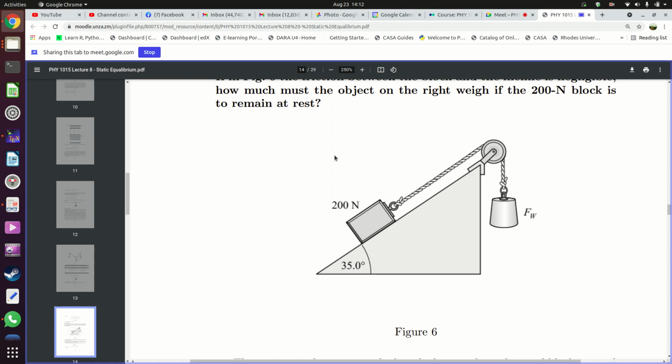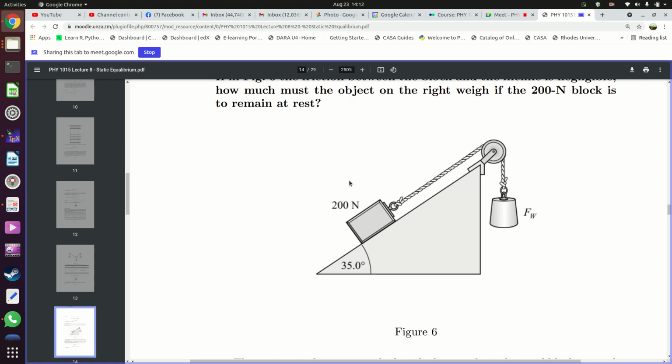Above the incline, we choose the y-axis to be the positive y-axis, so you indicate plus y above the incline here. Below the incline, you choose the y-axis to be the negative y-axis.